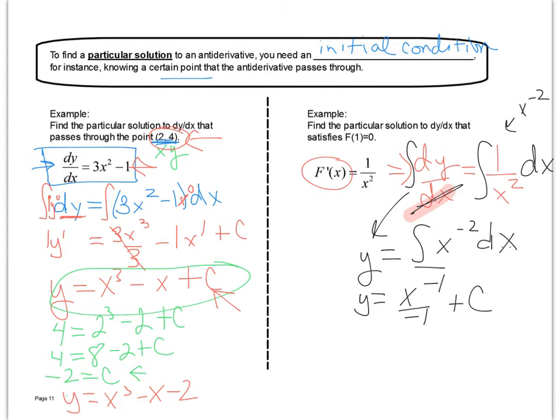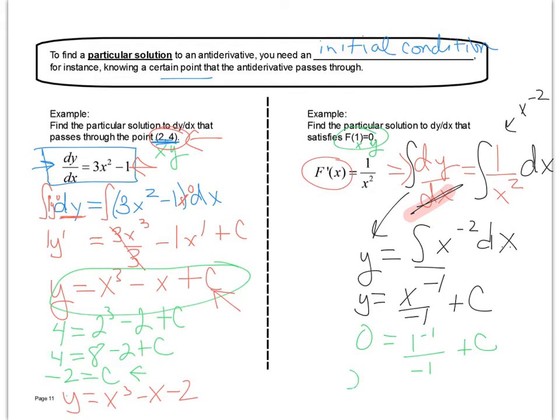Now, insert our particular solution. Remember, that's an x, that's a y. So we're going to put in y is 0. We're going to put in x is 1. I violated my normal rules. I usually put my negative exponents down in that denominator.